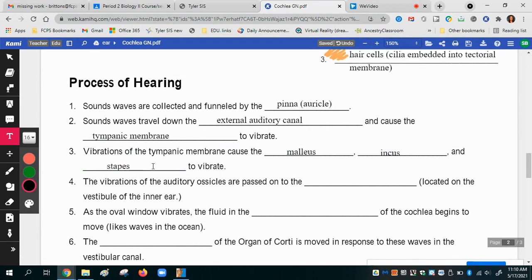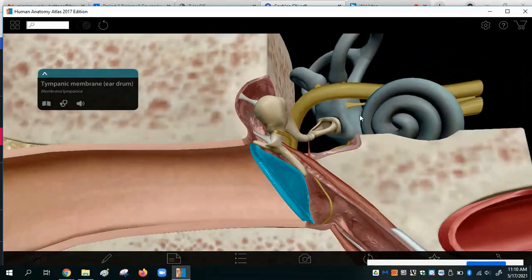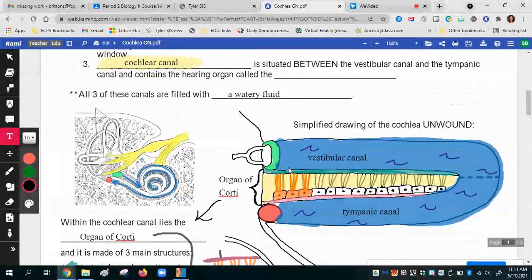Now, what is the stapes attached to? It's difficult to see in this app, but right behind the stapes, let me change pictures. Right behind that stapes is the oval window. And we know the oval window is actually the beginning of our vestibular canal that's filled with fluid.